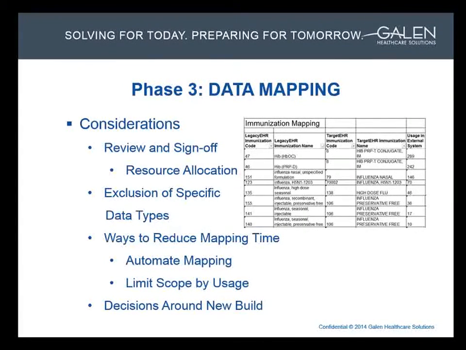Another possibility to limit mapping time is to use a CCD, or continuity of care document, to convert certain data types. A CCD is pretty much a patient summary report that will be shared between EHRs. Certain EHRs have the functionality to pull in specific data types from the CCD.